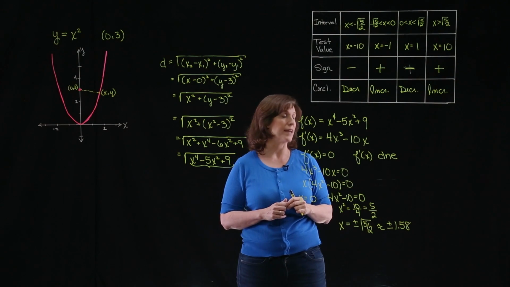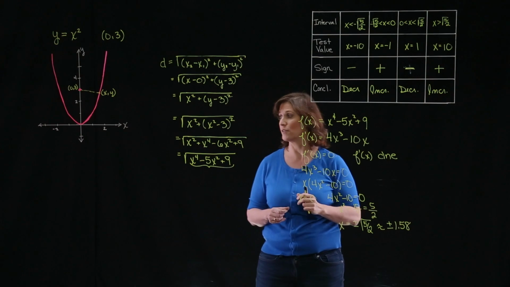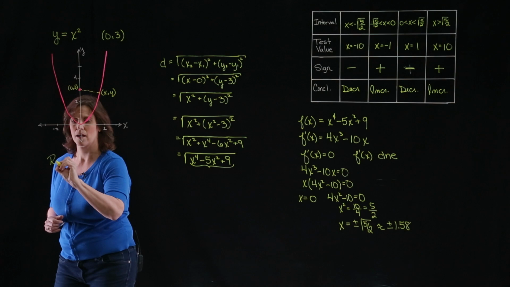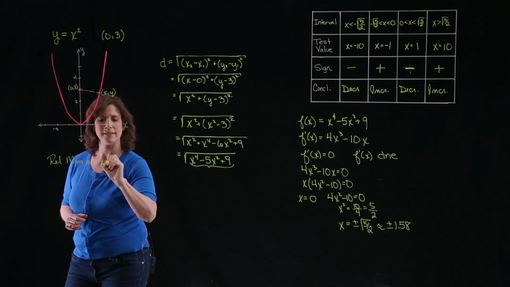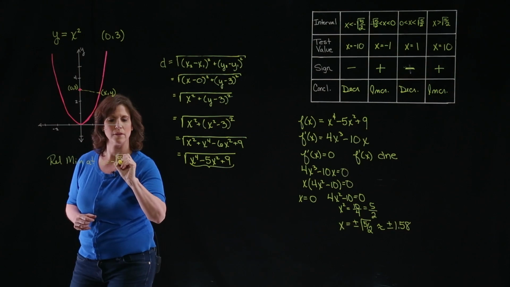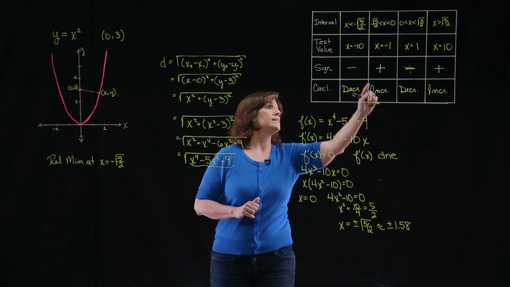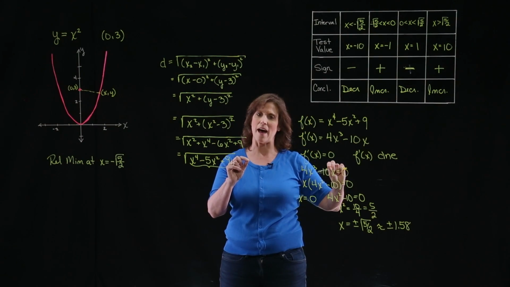All right, so notice that I have a change in sign from negative to positive right at the negative square root of 5/2, which is telling me that there's going to be a minimum value there. So there's a relative minimum at x equals minus the square root of 5/2. Notice there's a change from positive to negative, but that's going to give me a maximum value.